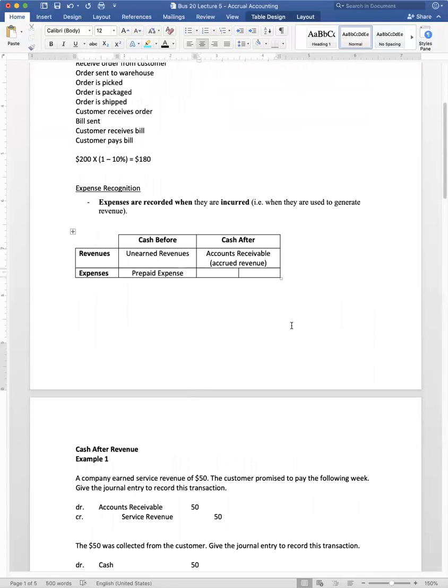All right, let's talk about the last situation, cash after expenses. Now, we have talked about this already, right? We've talked about what happens if we have an expense, but we haven't paid for it yet, right? We get that utility bill, we've used the electricity or the phone or the internet, but we haven't paid for it yet. So what do we have? We have an account payable.